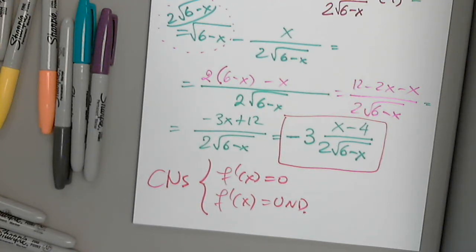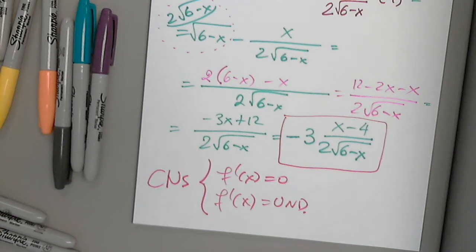So let's see if this function has critical numbers coming from any or both of the sources. Okay, so is this function ever 0? Always remember, a fraction is 0 only when the numerator is 0. So see how easy it is to see when the numerator is 0? When is the numerator 0?